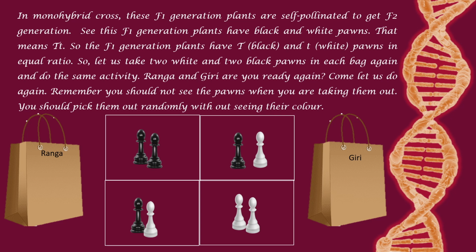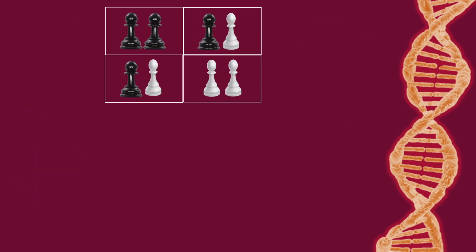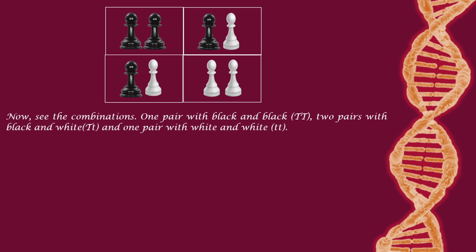Now observe this combination. If we repeat this activity for some 10 times, let us consider 7 to 8 times similar combination will come. It depends upon the probability, right? Now observe the combinations. One pair with black and black, capital T, capital T. Two pairs with black and white, capital T, small t.